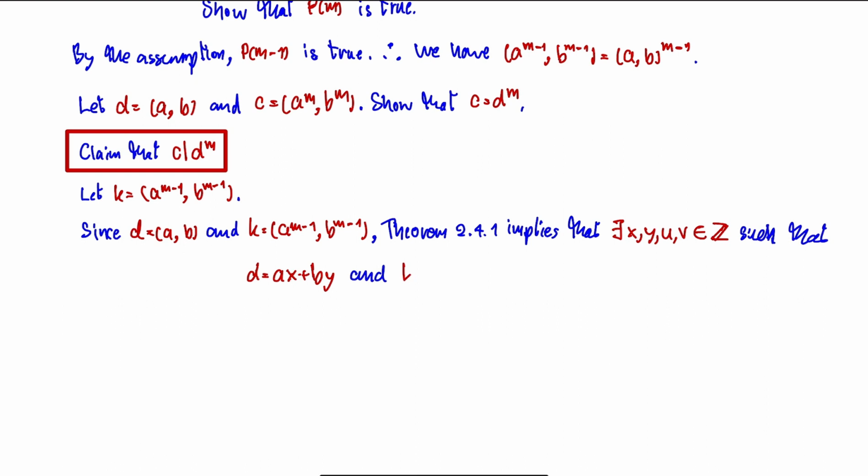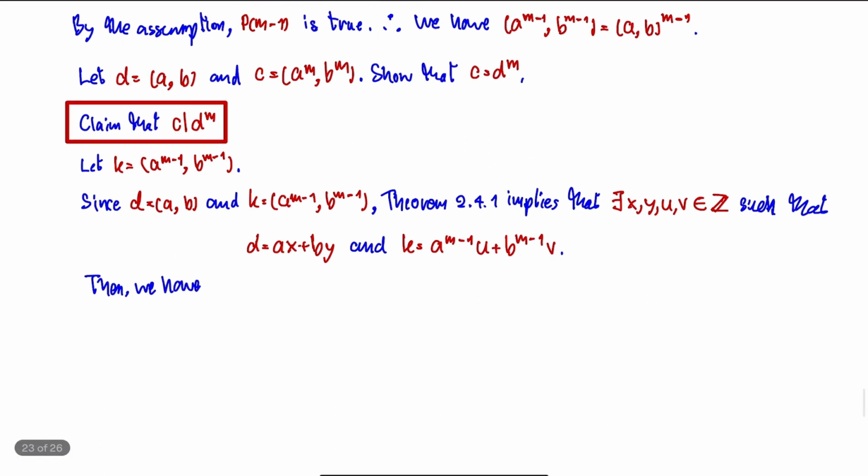Our K is going to be a to the m minus 1 u plus b to the m minus 1 v. Okay? So this is what we have right here. This is D and K. So now, what next? What do we have right here?